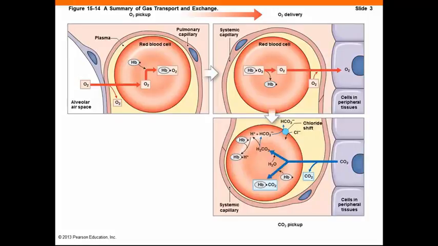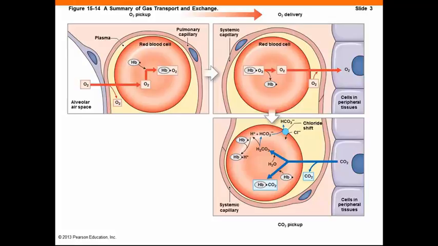At the same time, carbon dioxide, which has a high concentration in peripheral tissues, will be absorbed in the systemic capillary, and it can either remain in solution in the plasma or it'll be picked up by a hemoglobin, forming that carbaminohemoglobin molecule, which is then converted into the carbonic acid and bicarbonate ions and hydrogen ions, which is then released into the plasma in exchange for chloride.